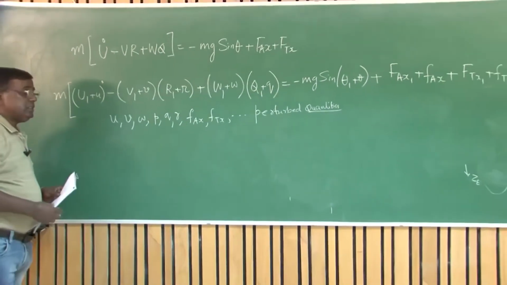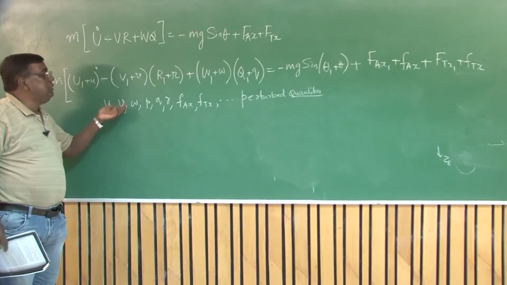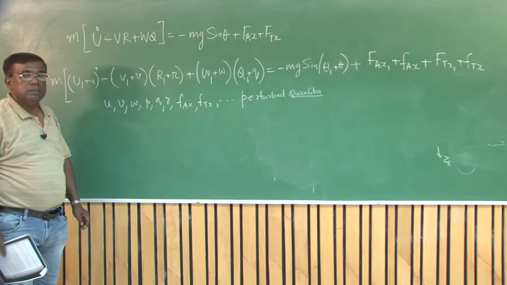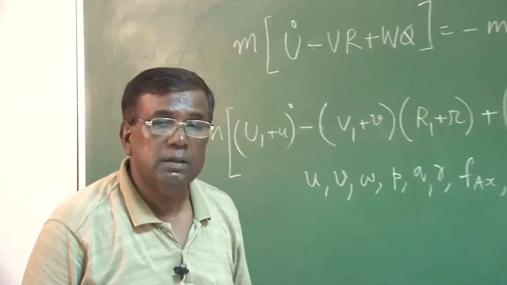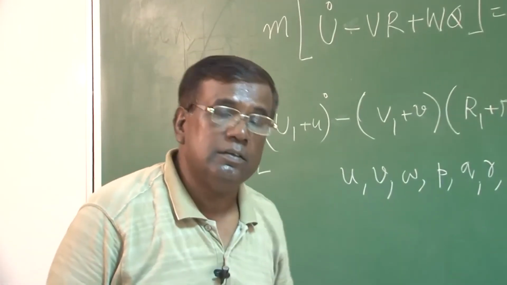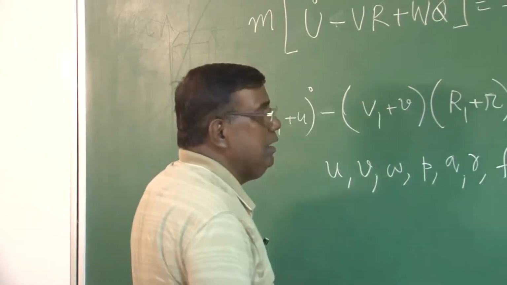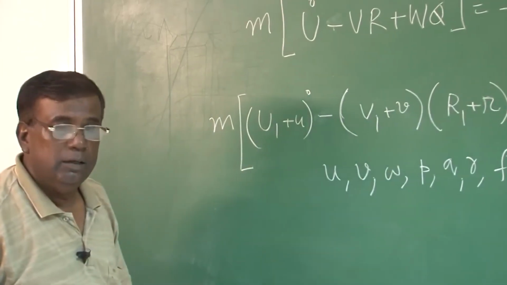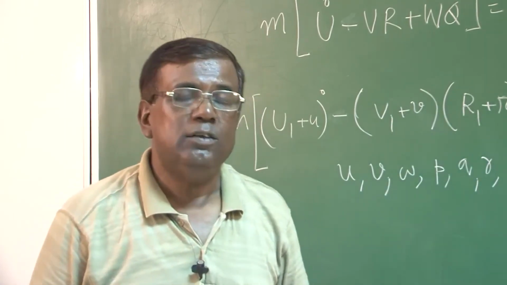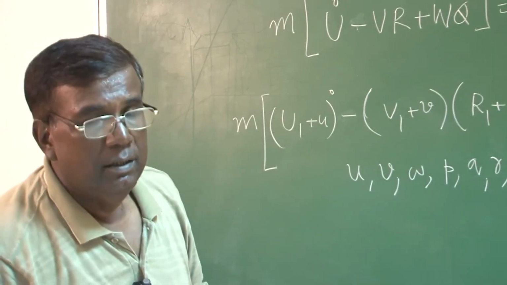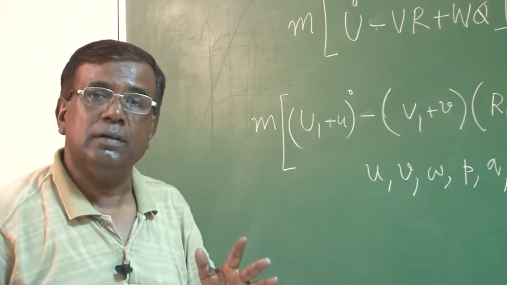And our focus is to monitor, to check how these variables are changing once we give a disturbance, and once we withdraw the disturbance. Based on this response, we can comment whether the aircraft is dynamically stable or not. And using this, we try to find out a criterion to be given to a designer so that he can ensure the aircraft is dynamically stable, right?